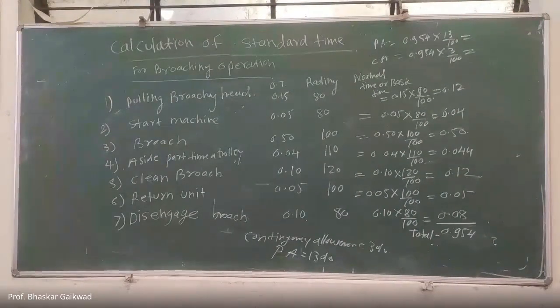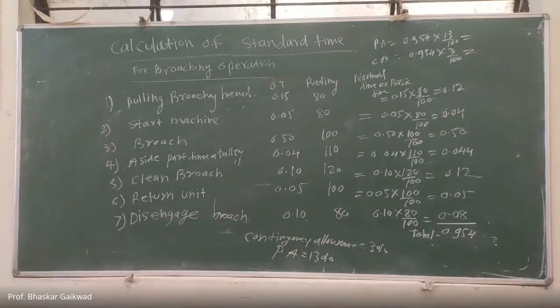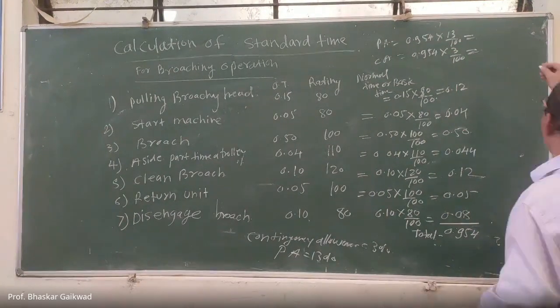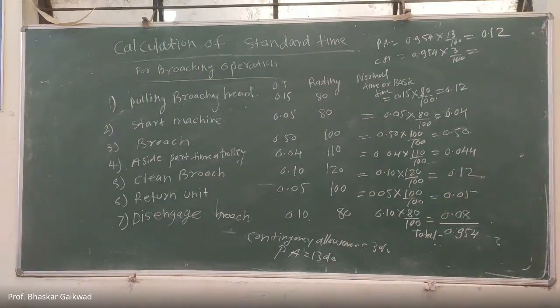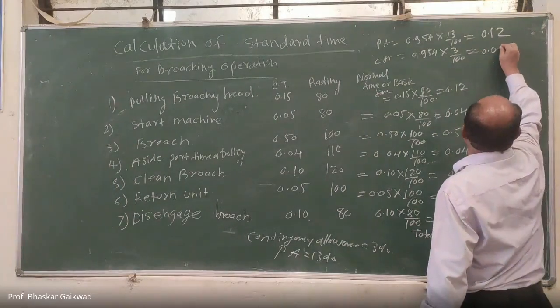Tell me the answer for personal allowance. At the top of the blackboard I have written that it is 0.12. So here 0.12. And what is the contingency allowance? 0.028. Here contingency allowance 0.028.